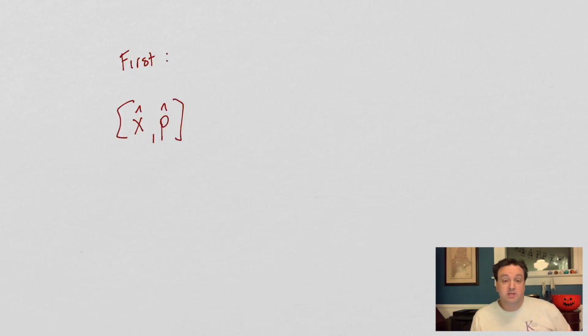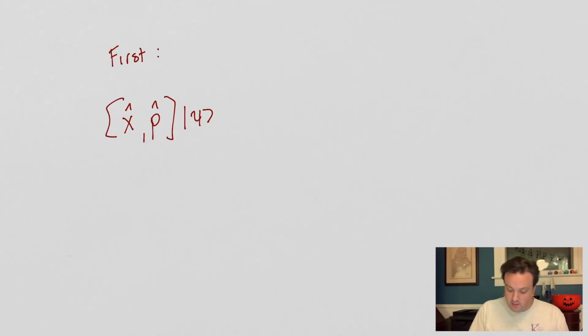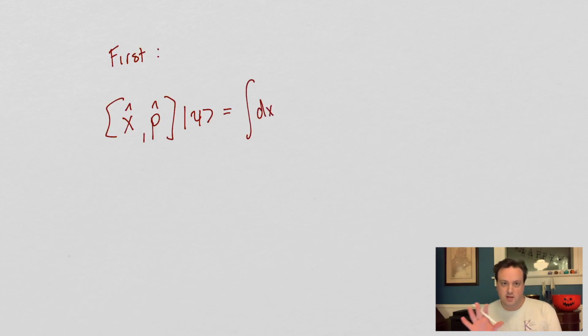Now, if I'm going to do this in the position basis, it actually makes sense, as we've done a couple of times before, to use a test state as a tool for trying to figure out what this commutator is. And when I do that, I end up with something that looks like, well, I have the integral over dx, right? That's because I have to decompose that state onto the eigenstates of the position operator.